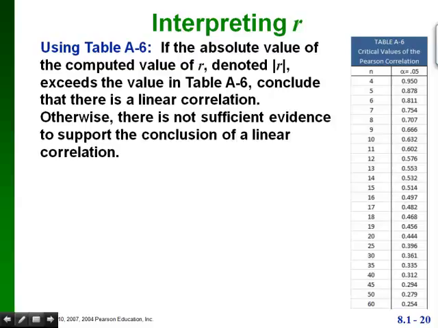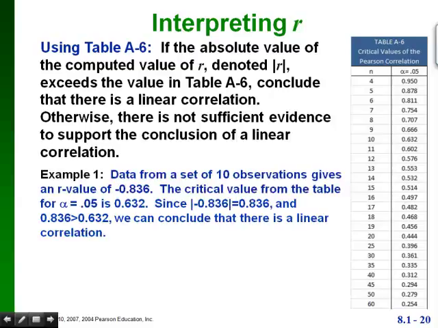And this gives us critical values for a significance level of 0.05. What happens is that if the absolute value of our R is greater than the value we would get from the table, then we can conclude that there's a linear correlation. On the other hand, if it's less than the value we get from the table, then there's not enough evidence to support the conclusion of linear correlation.